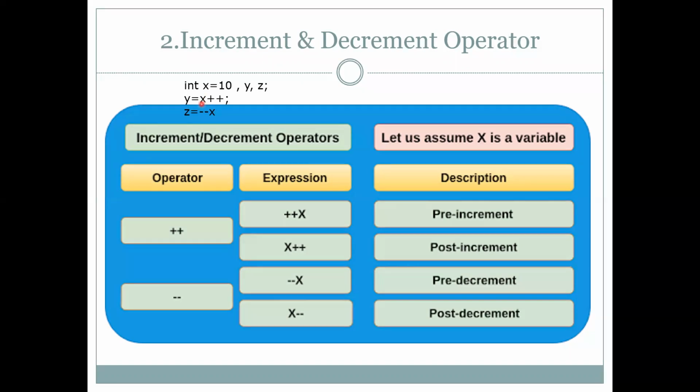So here x plus plus is a post-increment, and it will assign the value of variable x to y, so y becomes 10. Listen carefully: first it assigns the value of x to y, so y becomes 10, and then it increases the value of x. Why? Because it is a post. Post means first perform the other operations and then increment the value of variable x. Hence after the assignment, the value of x will be 11.